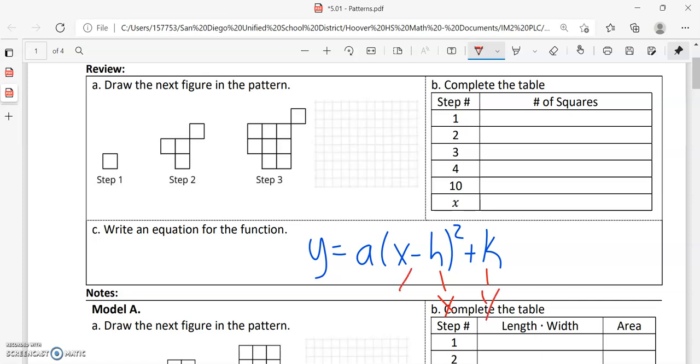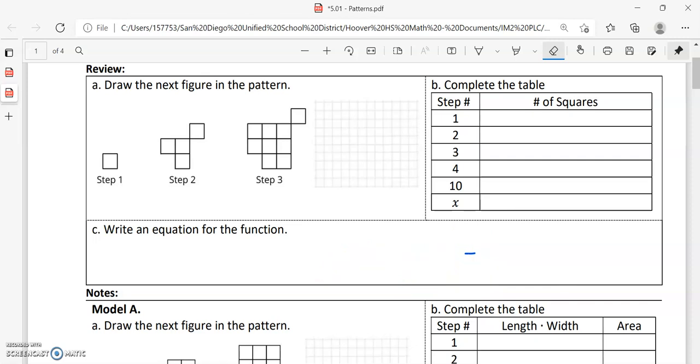Remember, we need to change the sign of our h because it's minus, and that gives us the point of our vertex in our quadratic. We are still working with quadratics, just in a different form, and we'll get to that form later in the unit. So for now, we're going to be working on this one.